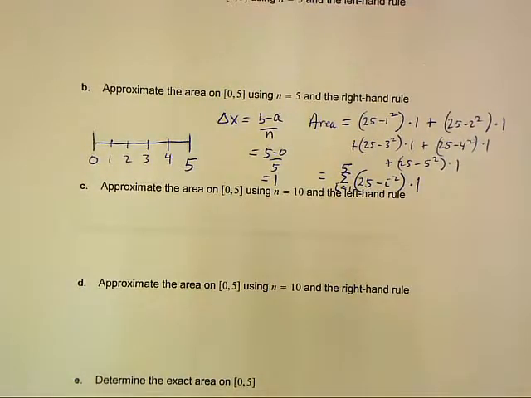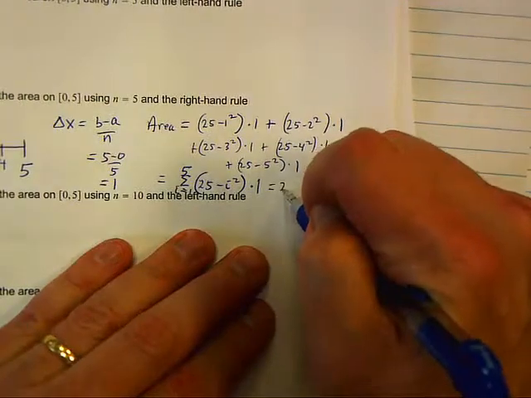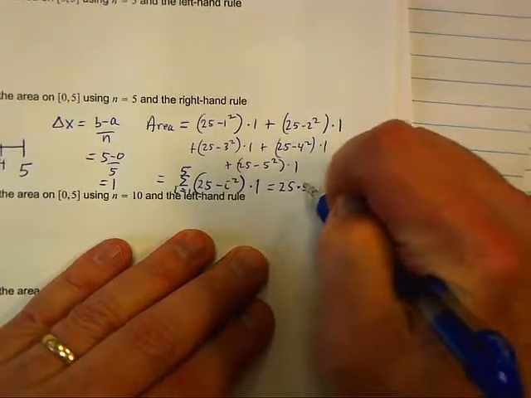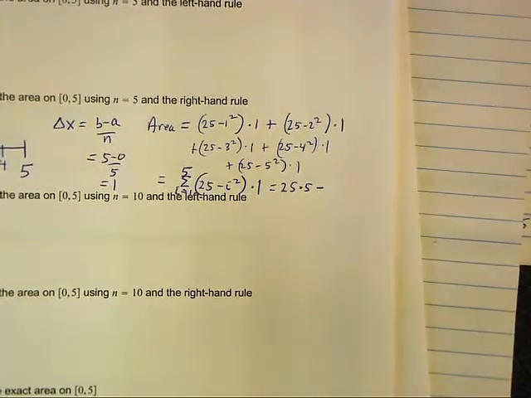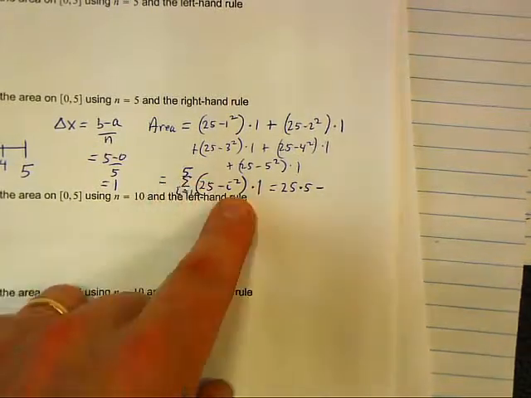What do you get when I take the sum from i equals 1 to 5 of 25? I take 25 plus 25 plus 25, I get 25 times 5, which is 125, minus the sum from i equals 1 to 5 of i squared.